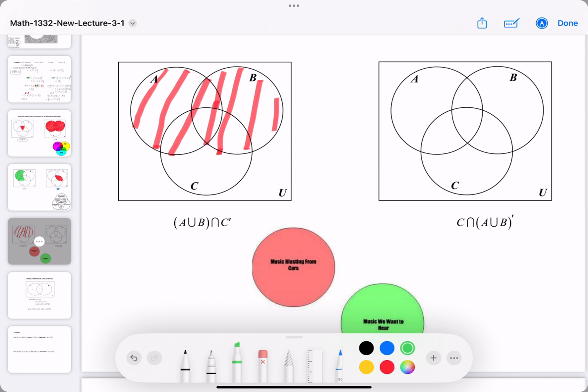Let's use green to highlight the C prime. Okay, C prime. So all of the area except C. So everything in the universal set, but not C.